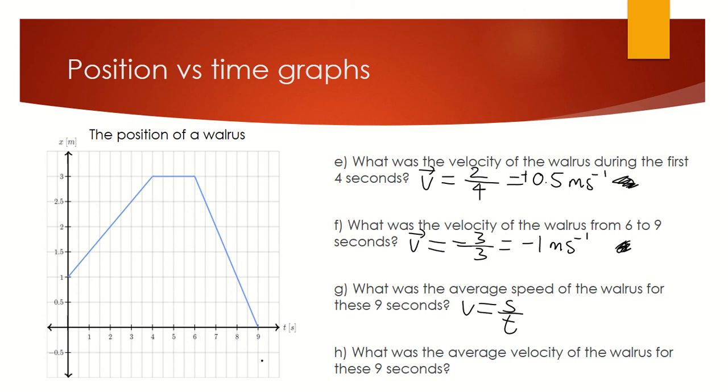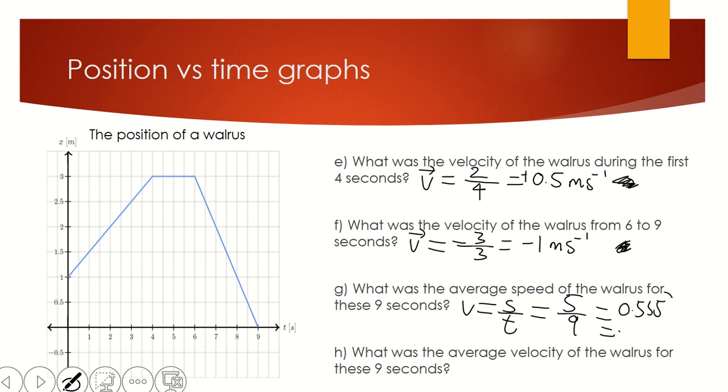So he travelled 5 meters in total, and it took him 9 seconds. So his average speed was 5 divided by 9, which is 0.555 recurring. So we'll round that to 0.556 meters per second.